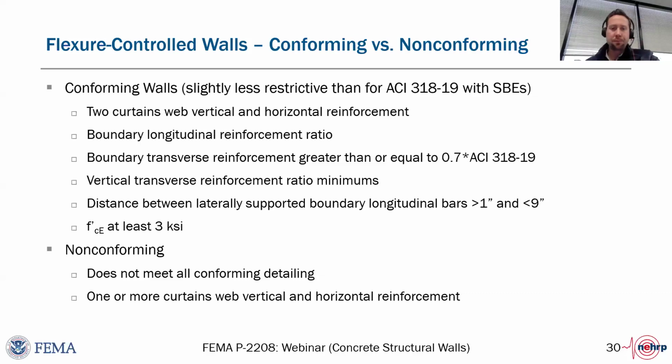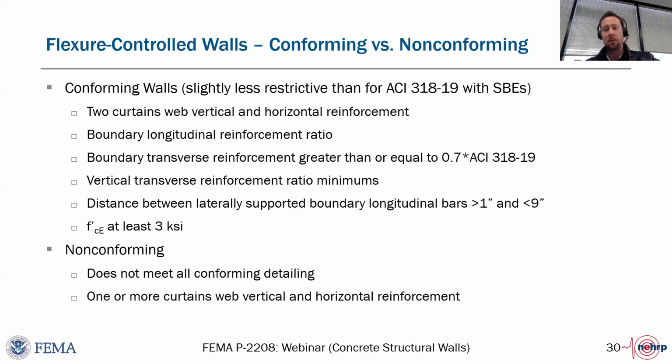But also recognizing that when it comes to bang for your buck, if you get most of the way there on those detailing provisions, you actually capture pretty well the deformation capacity that you'd like to capture. There's very little extra deformation capacity you get beyond a certain point of confinement ratio or some of these other things. So there's an actual bullet list that came out of the recommendations telling you, hey, this is when you're conforming.